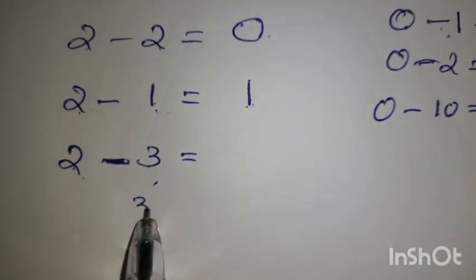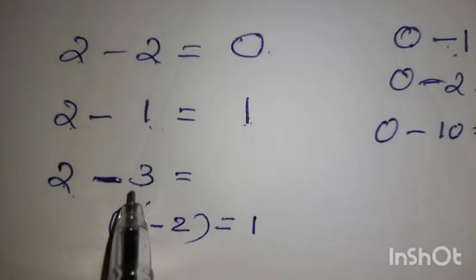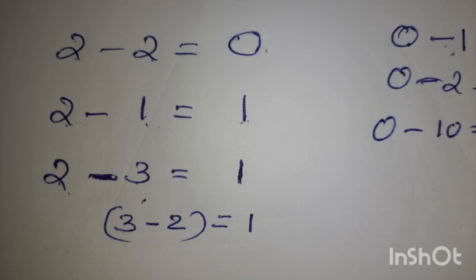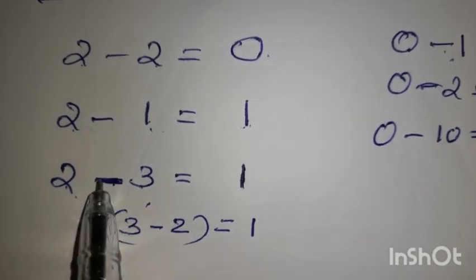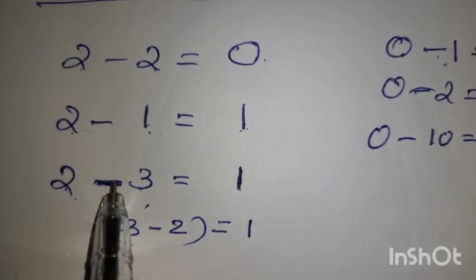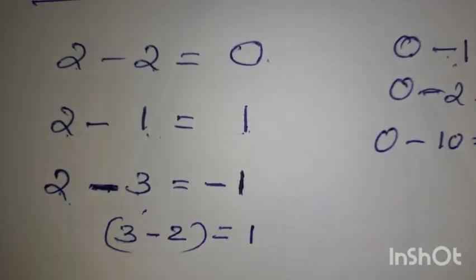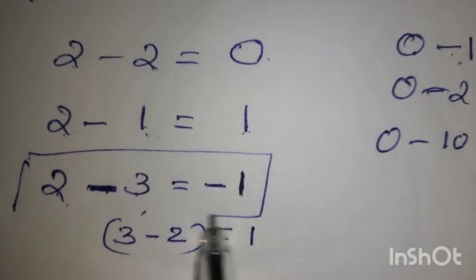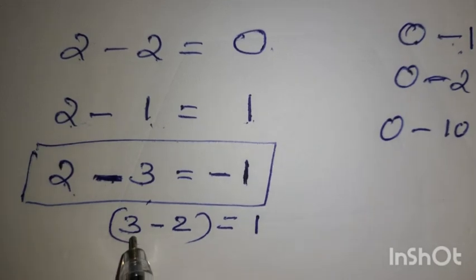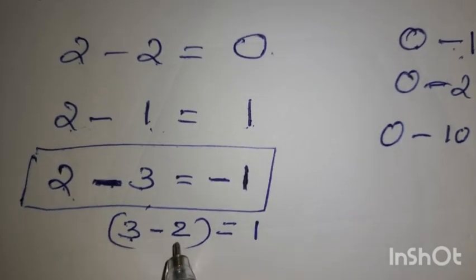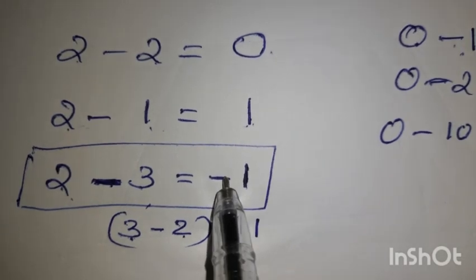If you subtract 2 from 3, what is the answer you are getting? 1. So the same 1 you are getting here, but there is a change: the bigger number has the sign of negative. That is why we are writing minus here. So the answer of 2 minus 3 is minus 1. Remember that we have to subtract the lower number from the bigger number and keep the sign of the higher number.